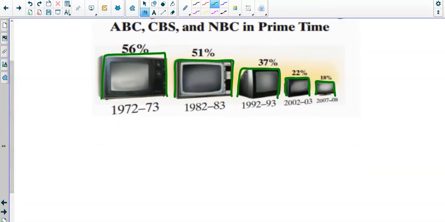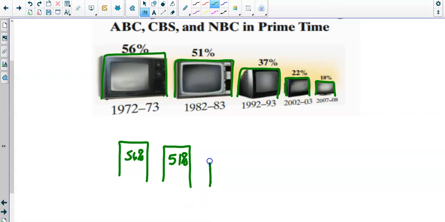But if you kind of even that out a little bit more, 56%, 51%, 37%, 22%, 18%. Now my bars are a little bit more stable. That's a little bit better.